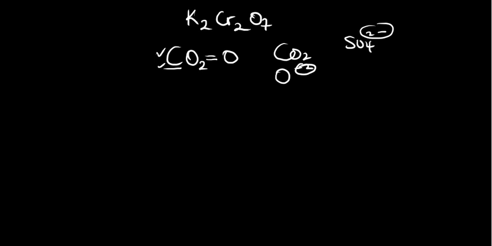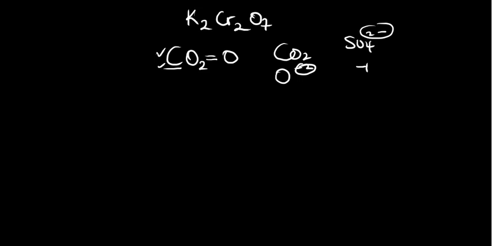Also, the oxidation number of hydrogen is always +1, except when it is in a hydride, where it will be -1. For oxygen, instead of -2, when it is in a peroxide, it will be -1.